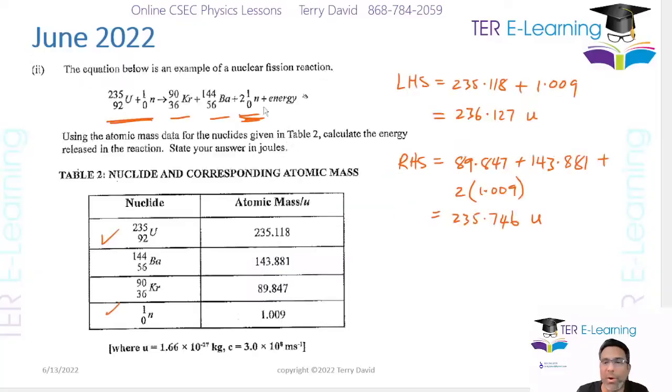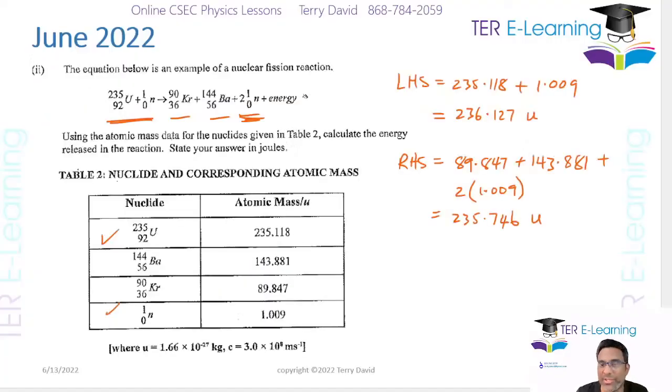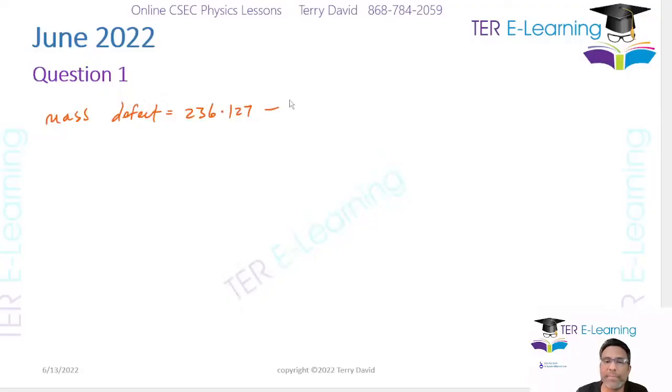Now, since you're releasing energy, your mass on the right will always be less than the mass on the left. So it's going to be 236.127 minus the mass on the right, which is 235.746.